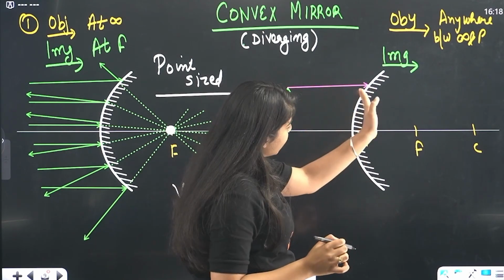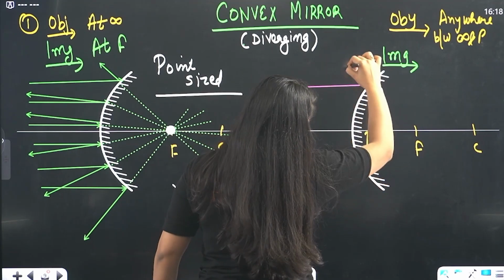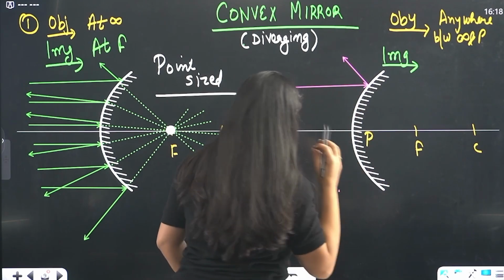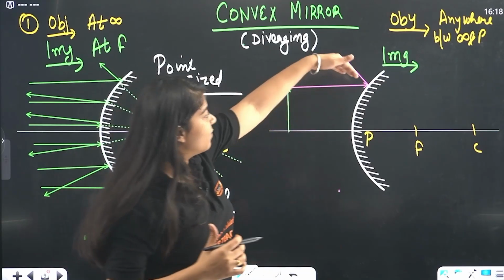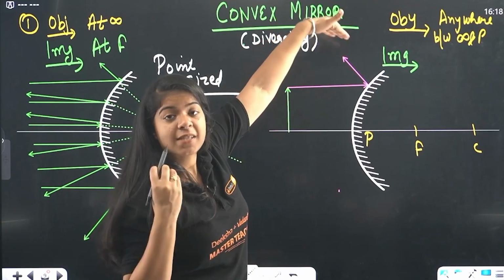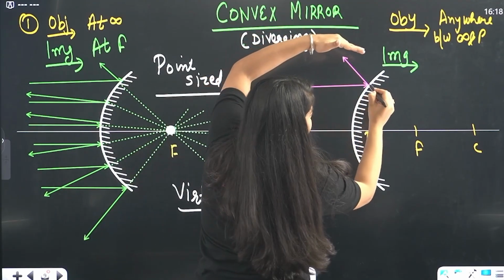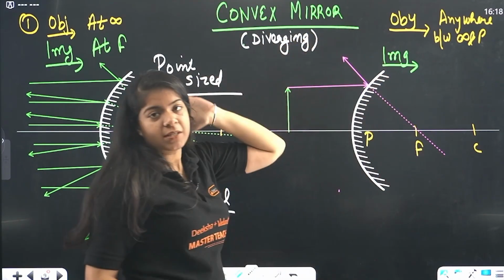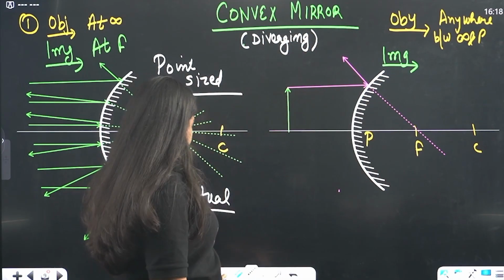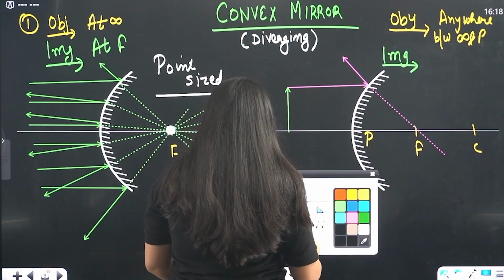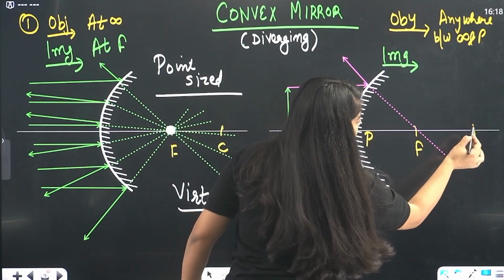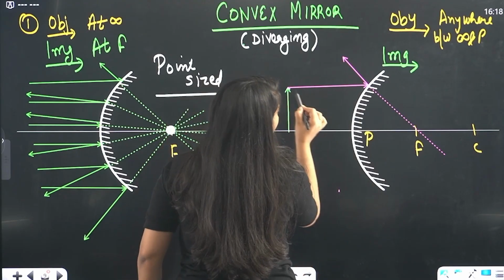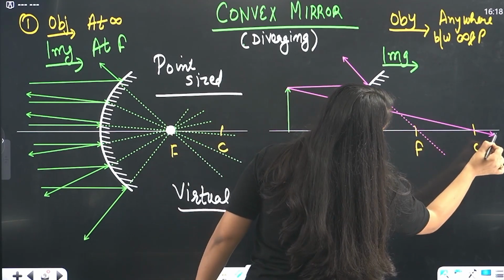Yes, so it will diverge in such a way that if we extend this diverged ray backwards, hear my words very clearly, it will pass from focus. Understood? And another ray beta, this will pass. Now we know the ray that passes from center of curvature goes back the same direction.